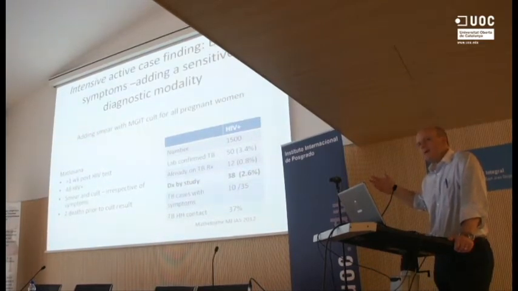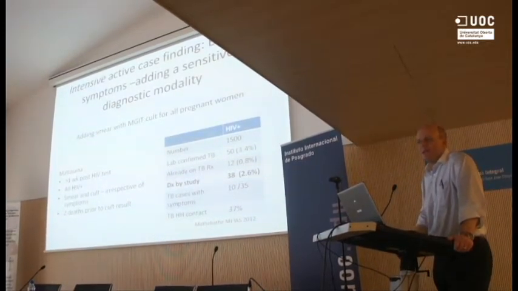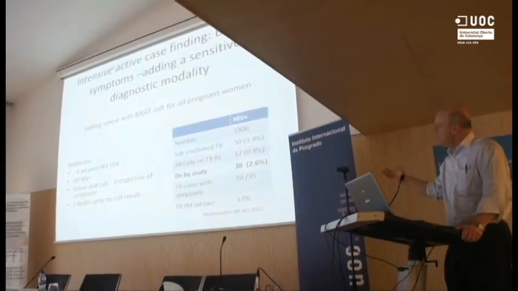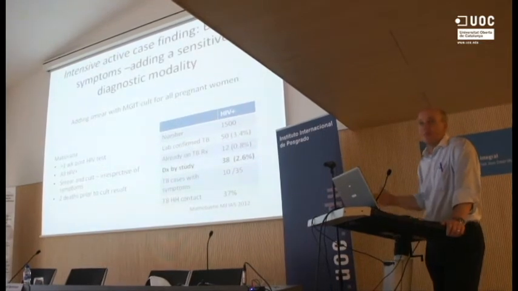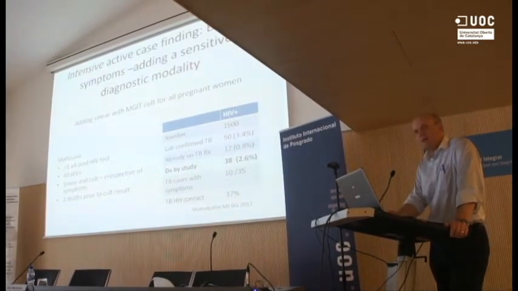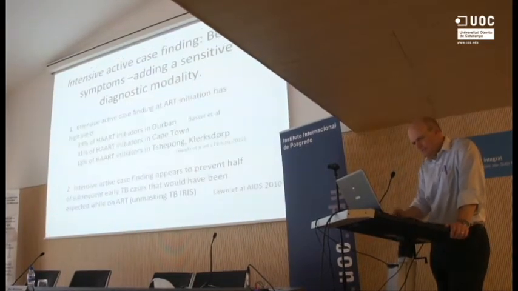So the TB that we see in South Africa is quite progressive, and it possibly may be that using a more rapid diagnostic modality like GeneXpert for TB may be more appropriate, and a point of care test in situations like this may benefit in preventing both transmission and morbidity and mortality.